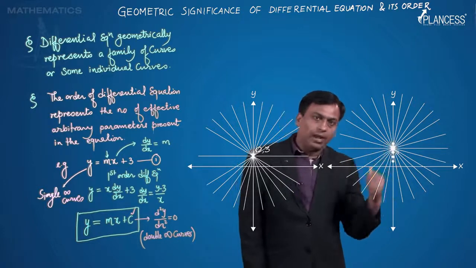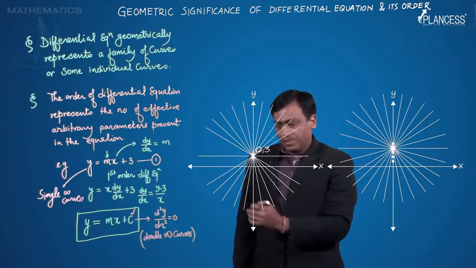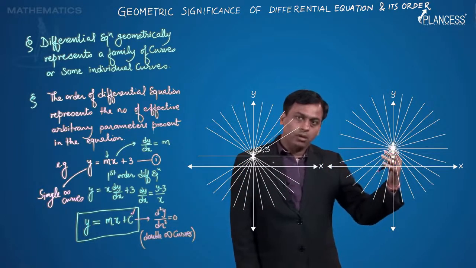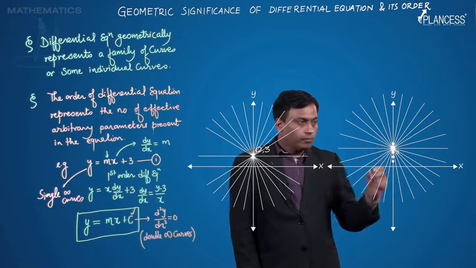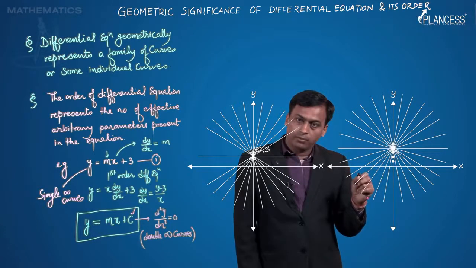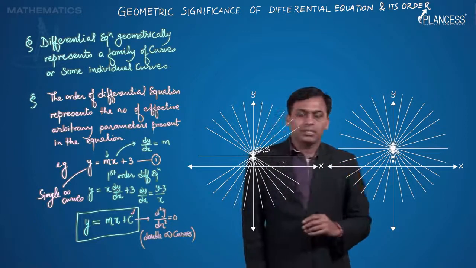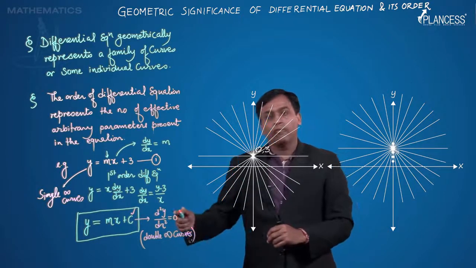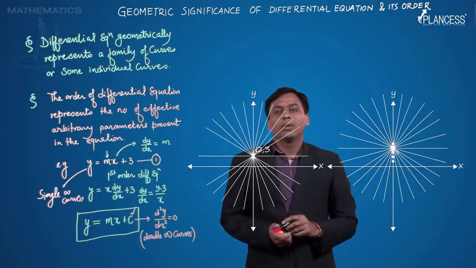Also noticeable is the fact that when you think of y equal to mx plus c, that is a second order differential equation, and you draw all of its curves, every point on the screen is covered an infinite number of times. So the first order differential equation represents single infinity of curves, and the second order differential equation represents infinity square number of curves.